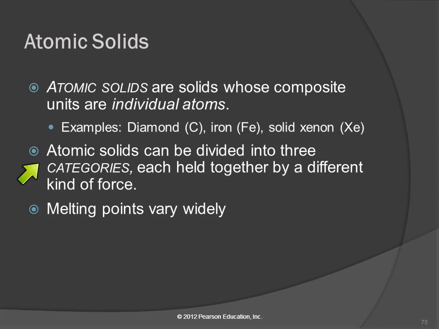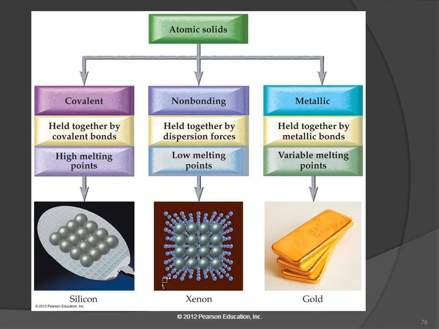And these atomic solids can be divided further into different groups. Their melting points vary. So atomic solids can be divided into covalent, such as silicon, where the silicon atoms are actually covalently bonded to each other. And diamond does this as well. They're actually covalently bonded together.